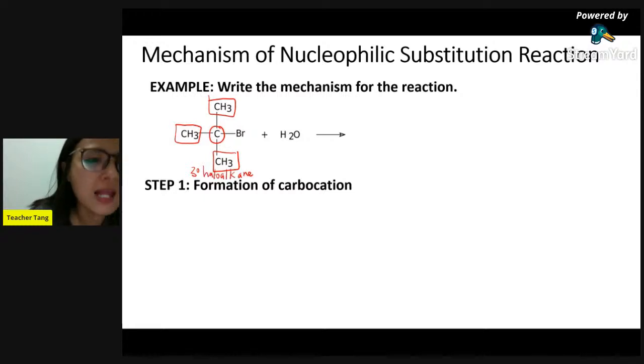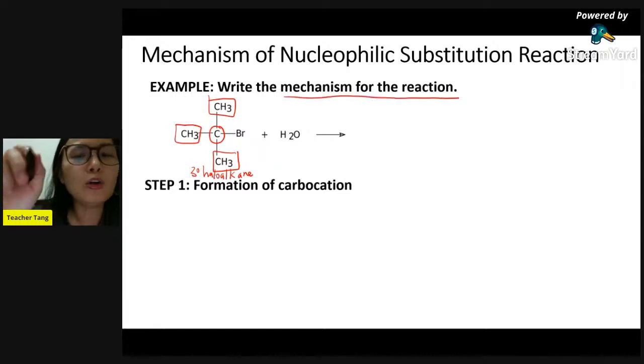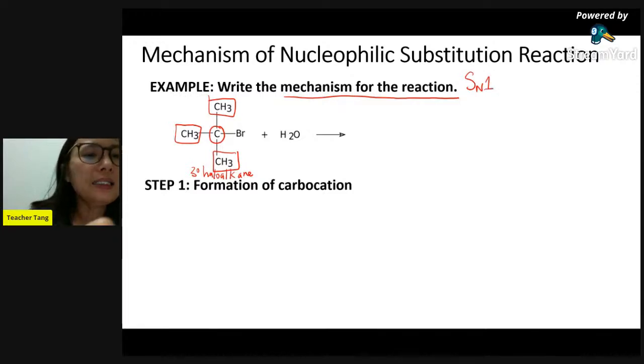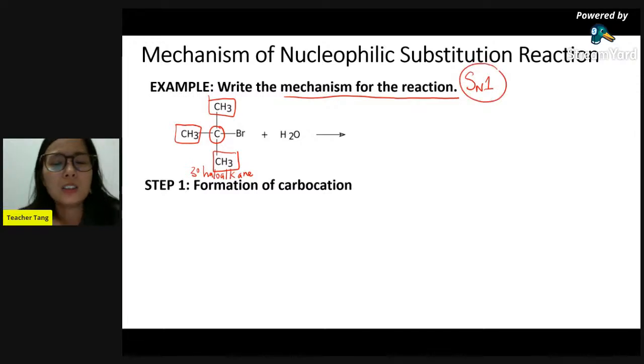If it is a tertiary haloalkane, the mechanism that this nucleophilic substitution reaction is going to follow is the SN1 reaction mechanism. So this haloalkane will react with the nucleophile through the SN1 reaction mechanism.